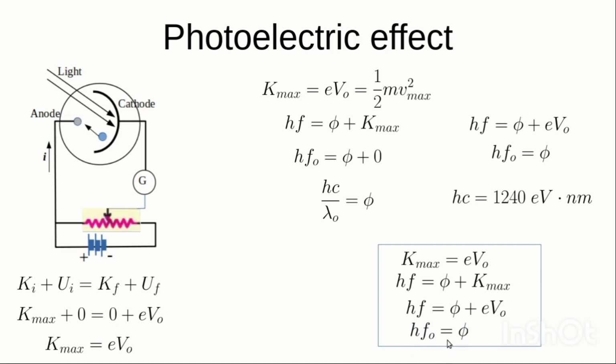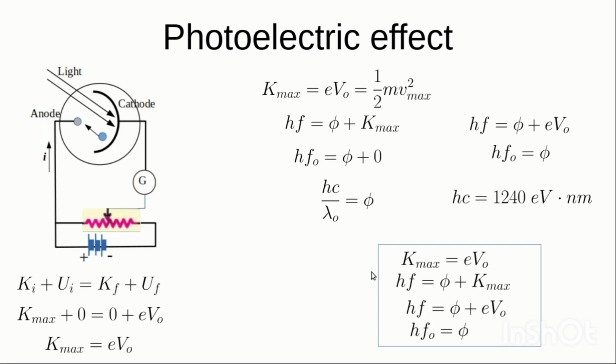So these are the 4 formulas that you need to solve any problem in photoelectric effects, right? But also, mind you, you can replace your hf with hc all over lambda.